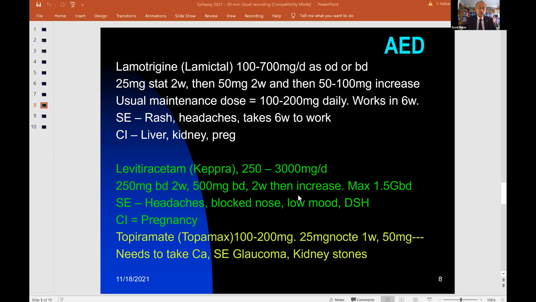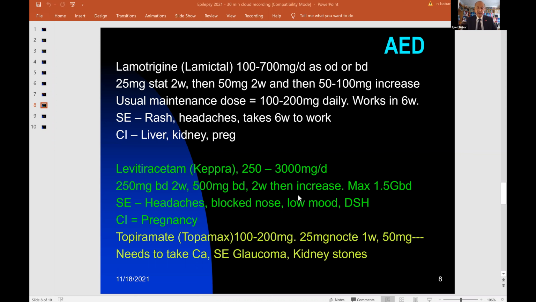Side effects include vasomotor disorders, unilateral headache, low mood, deliberate self-harm, and depression flare-up. It's contraindicated in pregnancy.